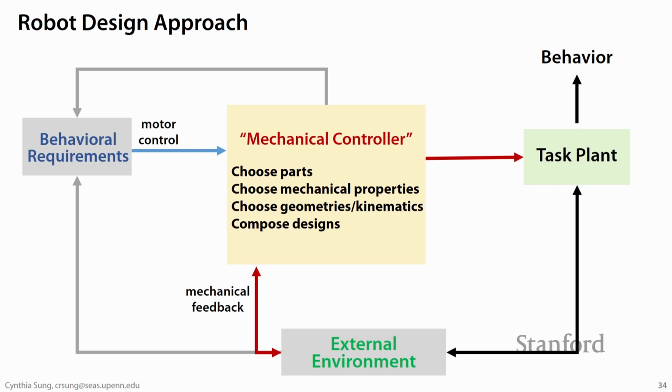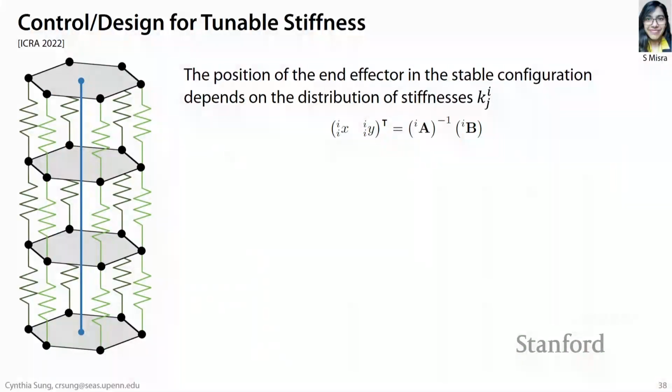So in this case, we've been working on more theory now on trying to figure out, if you want your robot arm to stabilize around a particular end effector position, how do we actually figure out what is the distribution of stiffness throughout the arm in order to achieve that end effector position with a certain amount of stability, right?